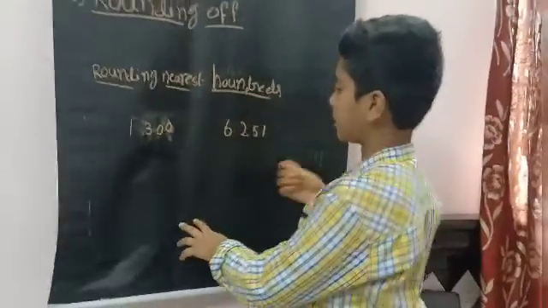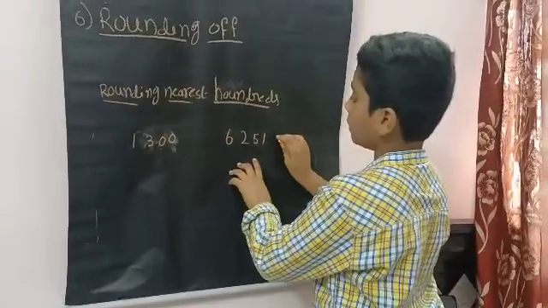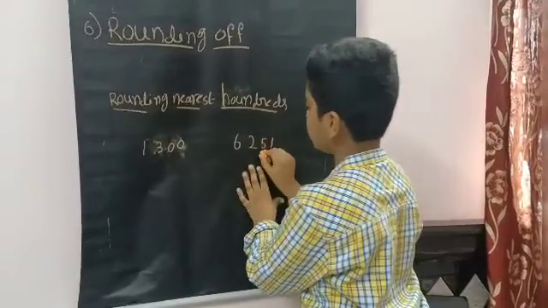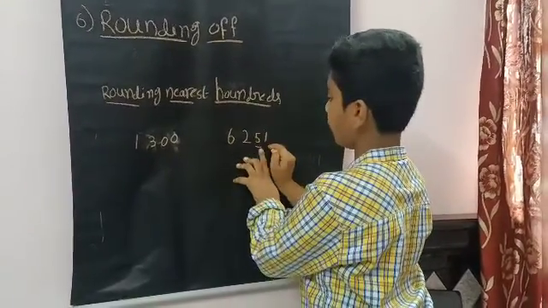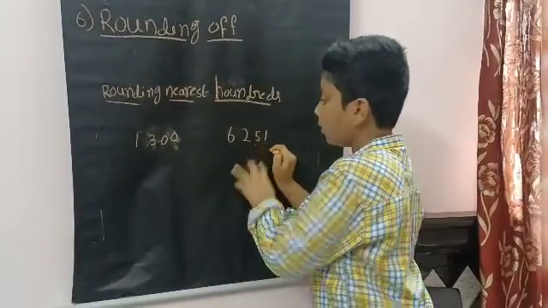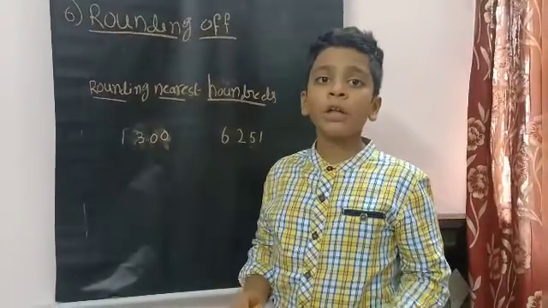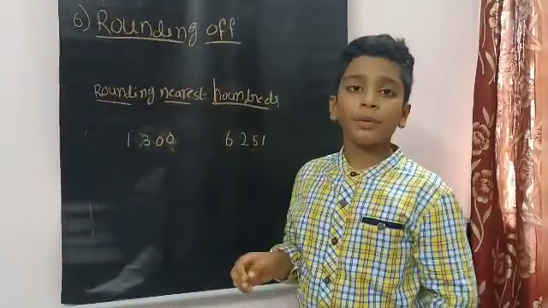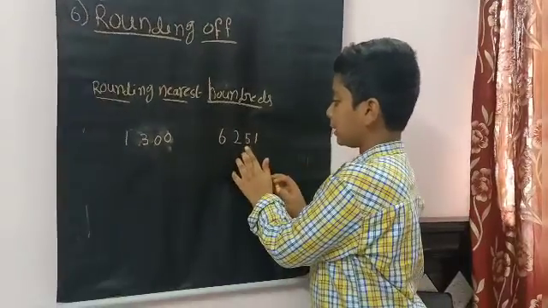Next example. In this one you should check the tens place. The tens place is 5. 5 is not above 5, and it's not below 5. It's right in the middle.